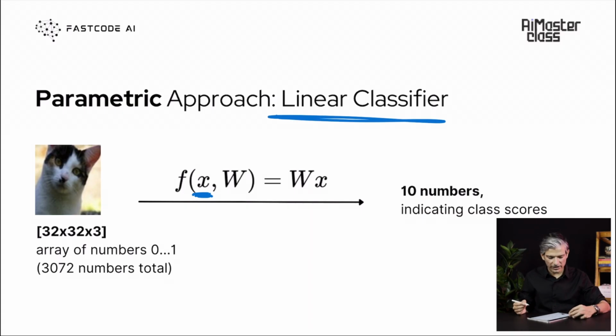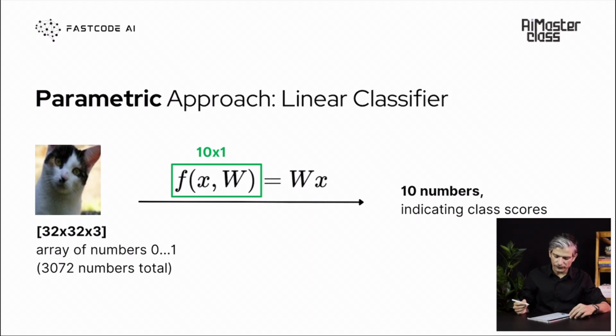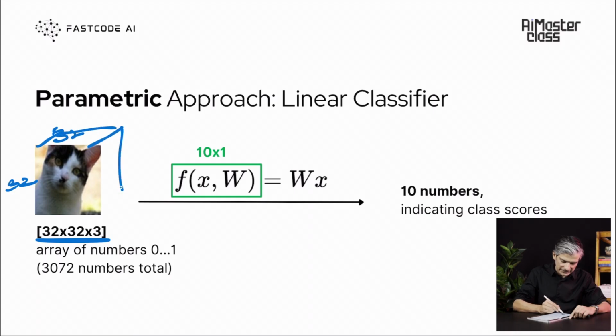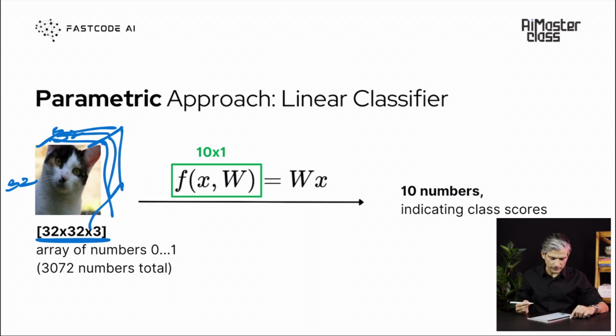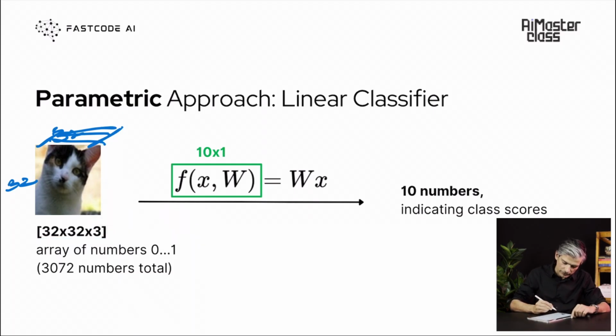And let's say our images are of size 32 cross 32 cross 3, because these are 32 rows and 32 columns, and because it's an RGB image, it has these 3 channels for the red, green and blue. So this is why we have a volume here, and this is the input X to our model.